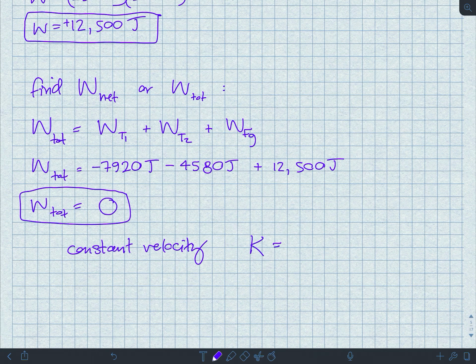Kinetic energy, remember, is 1/2 mv squared. So if you have a constant velocity, that means you have a constant kinetic energy. If there's no change in your kinetic energy, then the total work has to be 0 also. And that is what we got.